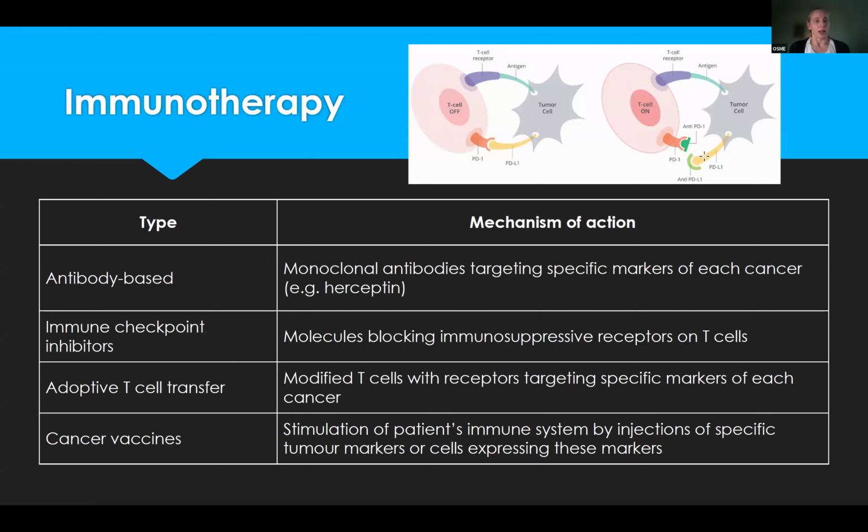And one last option is the cancer vaccines, which are based on injecting the patient with some components of the cancer. Again, could be proteins with some adjuvants. And what has been studied quite a lot recently is actually putting the cancer antigens into dendritic cells or other antigen presenting cells, and then injecting these into the patient.